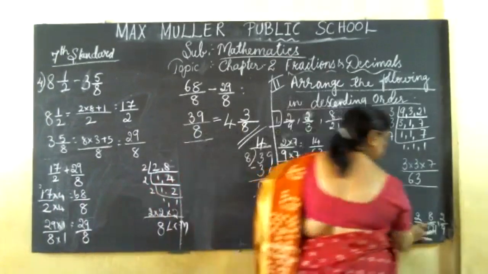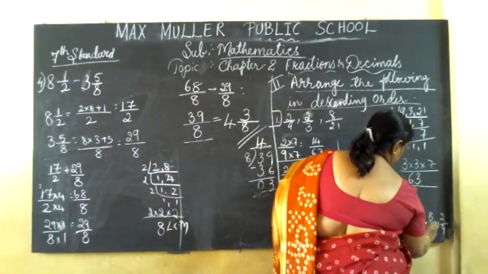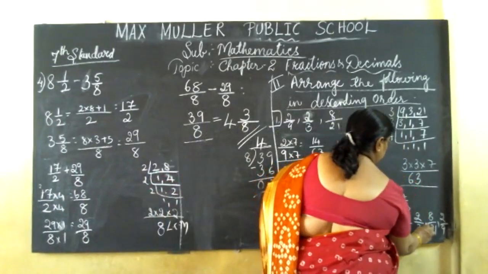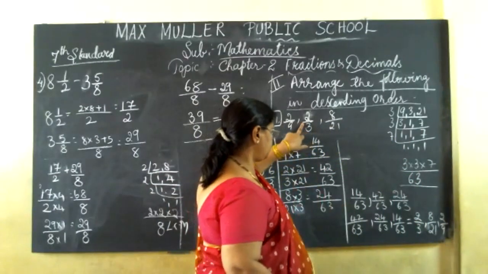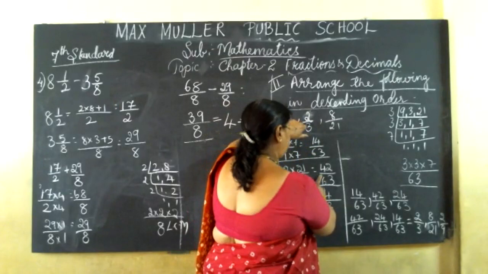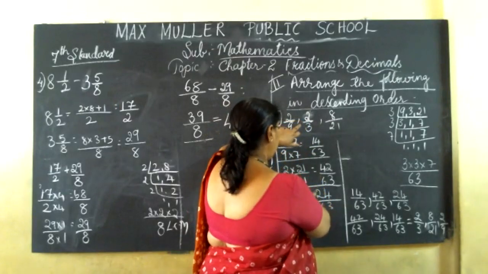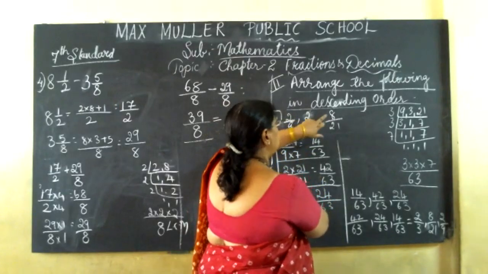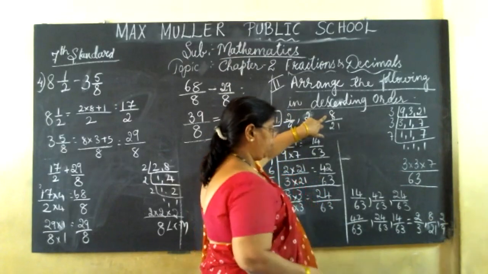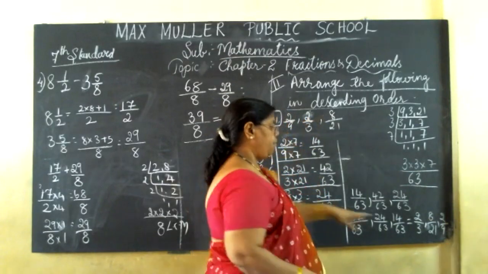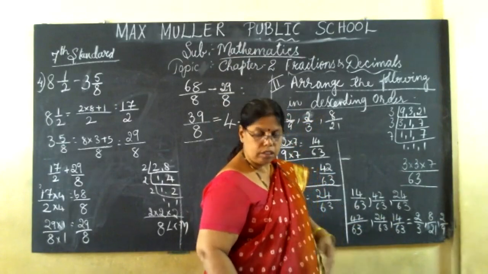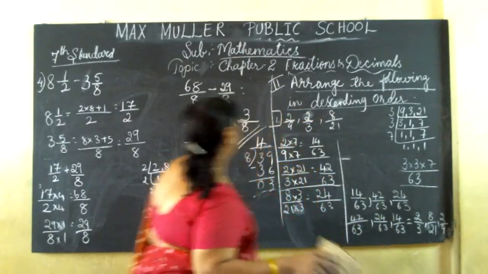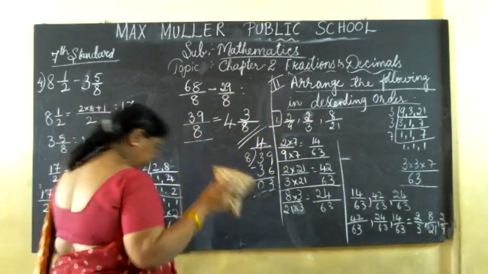That's all. 2 by 3 is first, that is 42 by 63. Then 24 by 63, it is 8 by 21. Next, 2 by 9. We have arranged it in descending order. Got it? Yes. Second one.